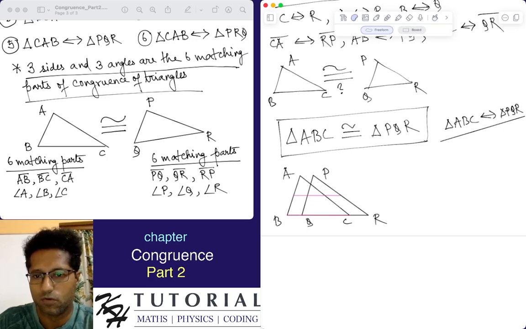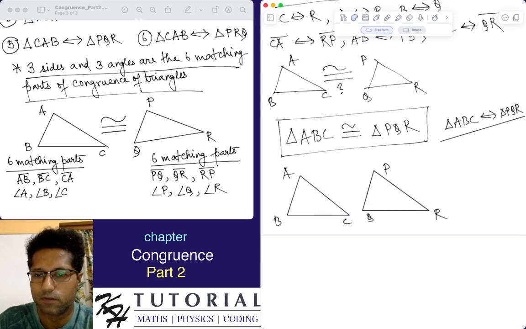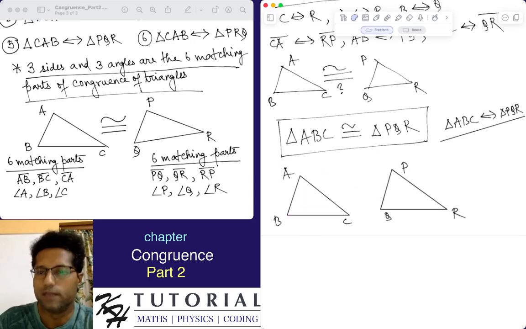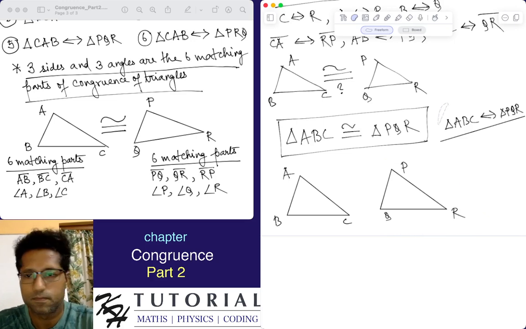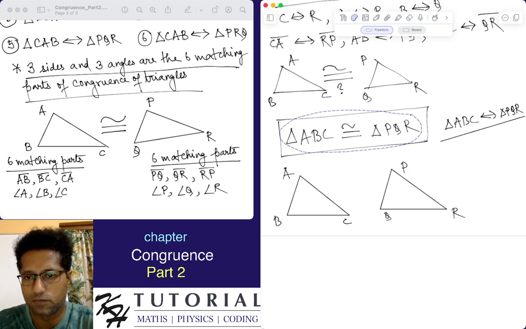Now when I try to overlap, I will try to put the vertex P on top of the vertex A, based on this mapping. I am trying to verify this congruency.